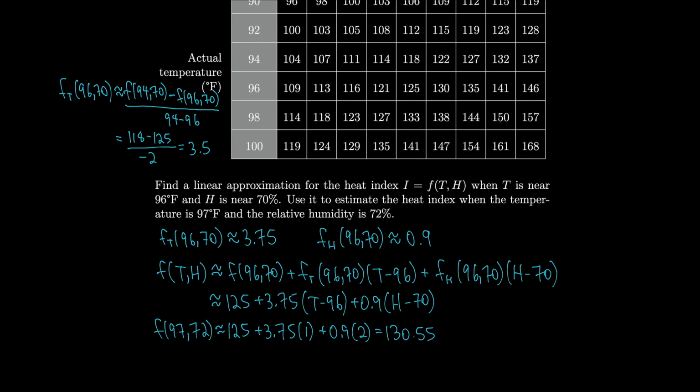So to answer this question, we see that our heat index I is about 131 degrees Fahrenheit when our temperature is 97 degrees Fahrenheit and our humidity is at 72%.